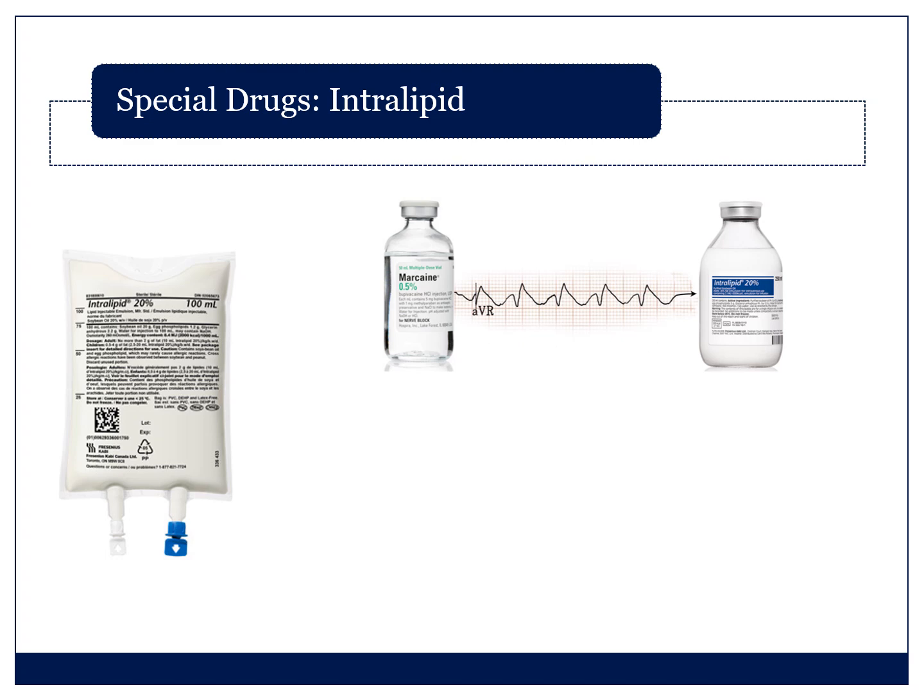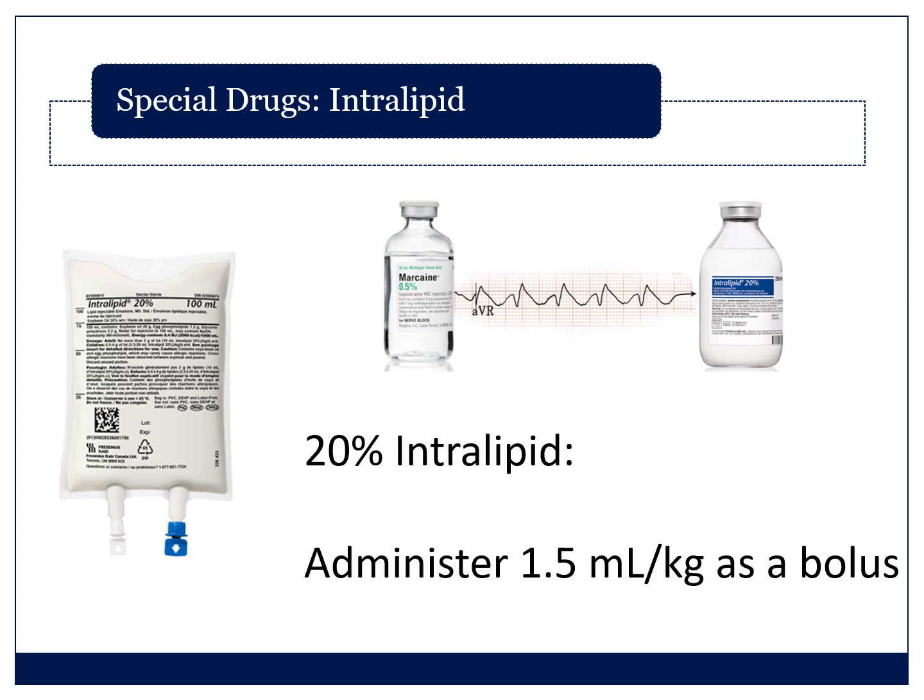Bupivacaine toxicity leads to arrhythmias, in particular a treatment-resistant ventricular fibrillation, and there's really no treatment for it. It's incredibly difficult to treat unless you have 20% Intralipid. With 20% Intralipid, you give 1.5 mils per kilogram as an initial bolus, and then you can repeat that. This works. It's a very effective treatment.